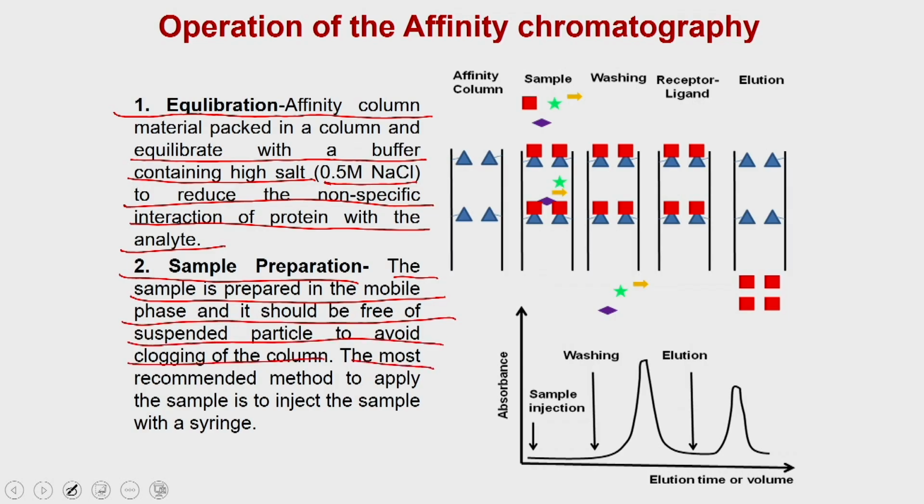The most recommended method to apply the sample is to inject the sample with a syringe. So, you have prepared the affinity column, you have prepared the sample, now you can apply the sample.